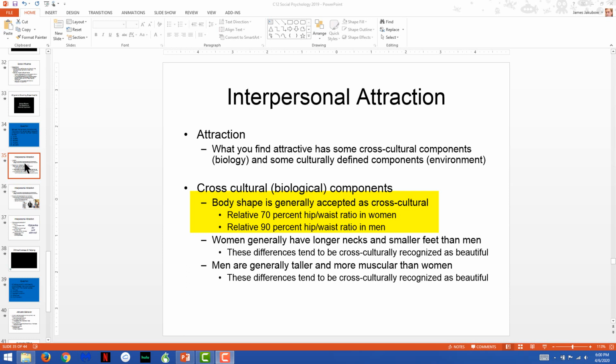In general, when you look at the biological build, the basic physical build of a woman and a man, there are going to be some common components that are going to be pretty consistent. For example, women generally have longer necks and smaller feet than men, and those are just two attributes in general. These differences tend to be cross-culturally recognized as beautiful.